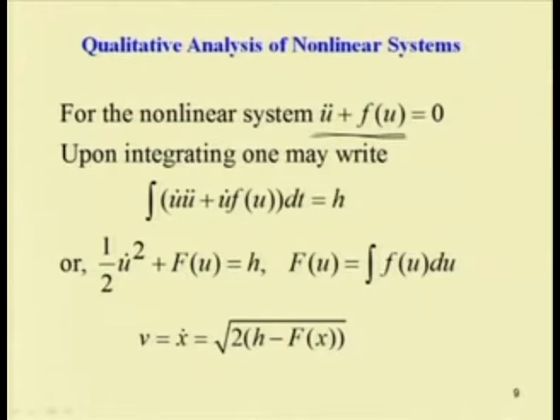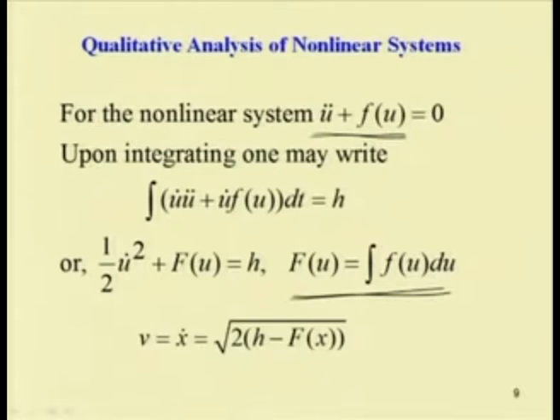Integrating u double dot, one finds half u dot square plus F(u) equal to h, where F(u) is the integral of f(u) du.